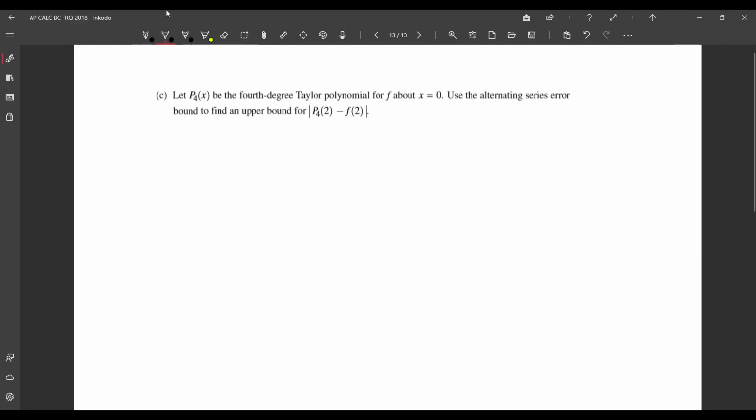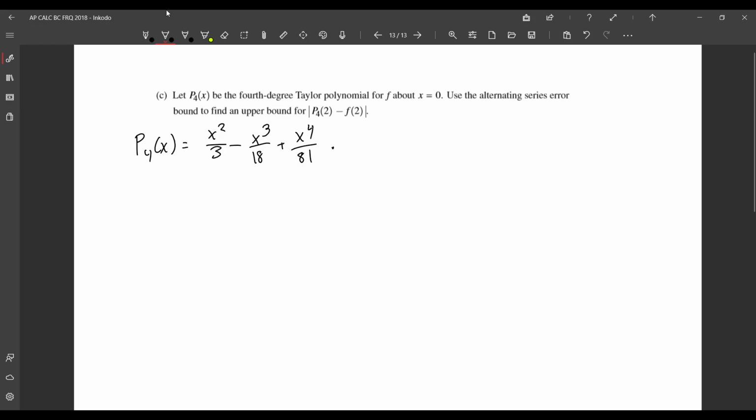Let P4 be the 4th degree Taylor polynomial for f about x equals 0. Use the alternating series error bound to find an upper bound for P4 of 2 minus f of 2. So P4 of x, as we've calculated, is x squared over 3 minus x cubed over 18 plus x to the 4th over 81.